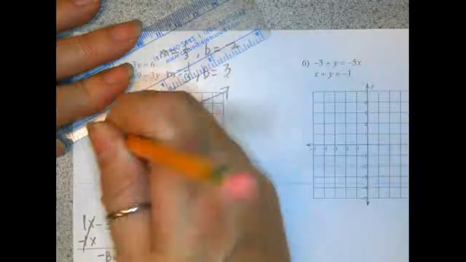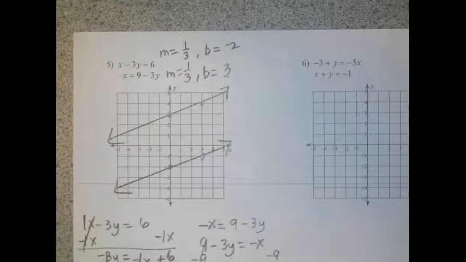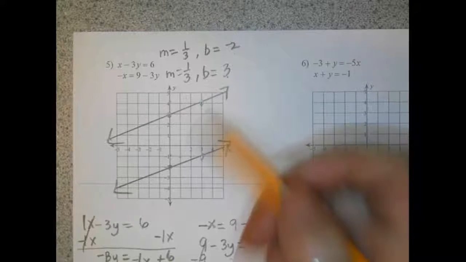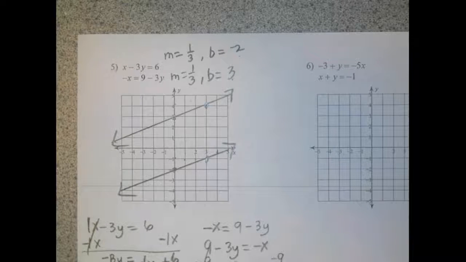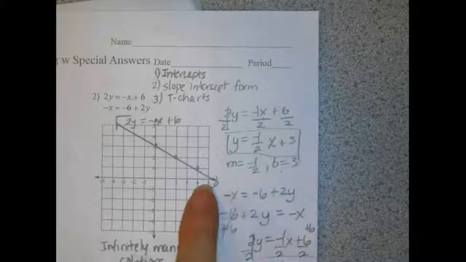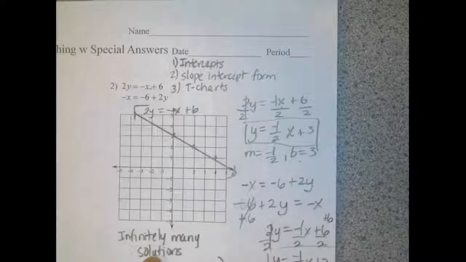And notice something about my two lines. It doesn't look like they're going to touch, and they'll never touch because they are parallel. So my parallel lines are going to give me a problem as far as finding a point where they touch. In the previous case, I had the same line. They were identical, so there were infinitely many solutions.